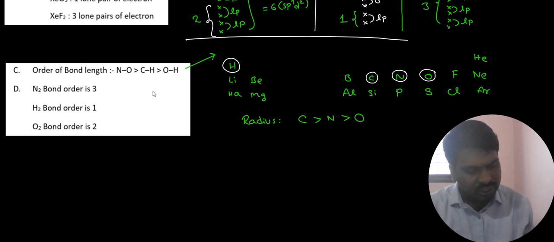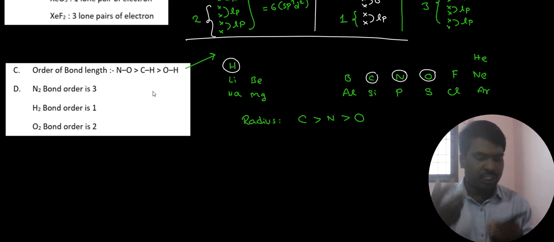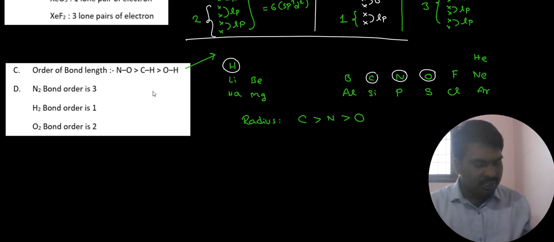Of course hydrogen, a first period element, is a very small atom. This is the reason the OH bond length is very small. And NO, nitrogen and oxygen, are both second period elements, so as compared to the CH bond length, the NO bond length is definitely slightly greater.